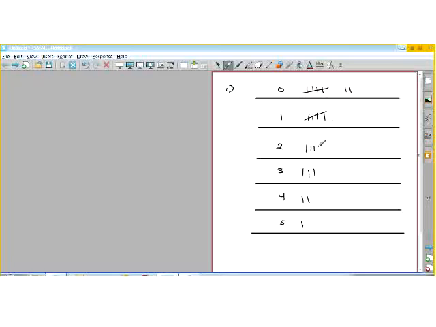I've got a 4, I've got a 2, I've got a 0, 2, a 0, a 1, a 0, a 1. I forgot where it was. 5, 10, 15, 20, 25, 27.